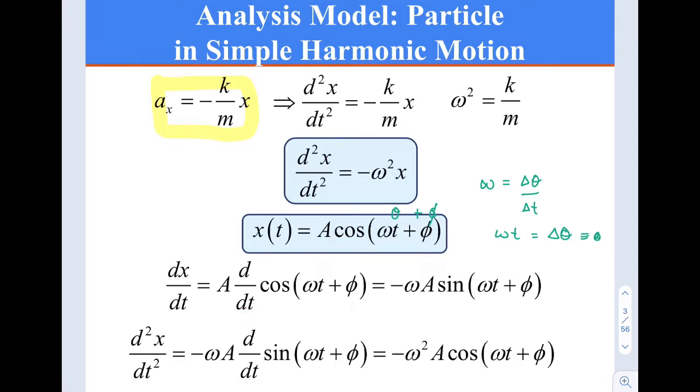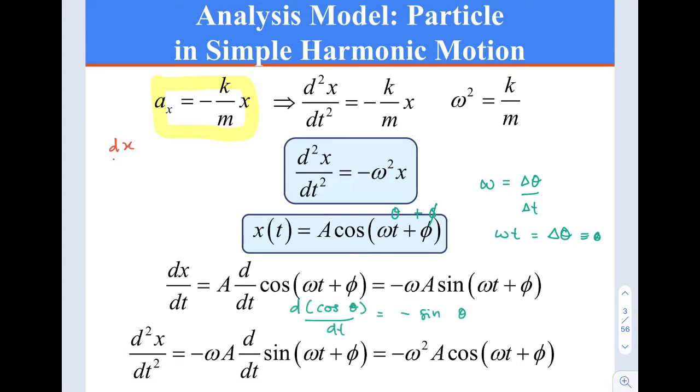Which one has the t? The omega. So we want to differentiate this part. But this part is a function of cosine, meaning that before we differentiate this, we have to differentiate the cosine part first. Differentiating the cosine function will give you negative sin.